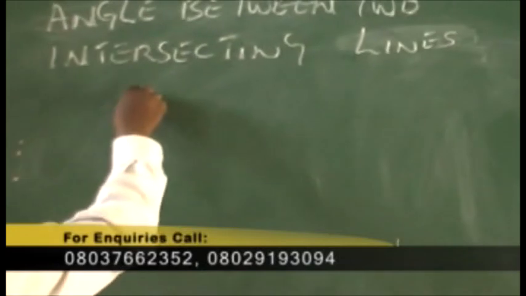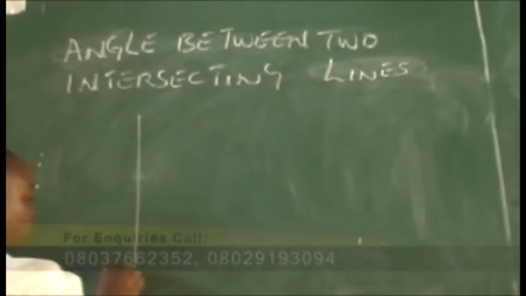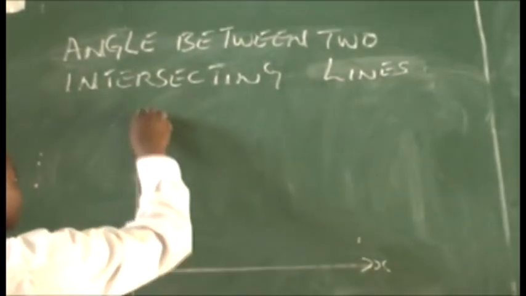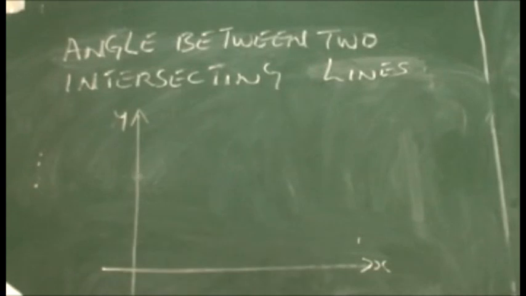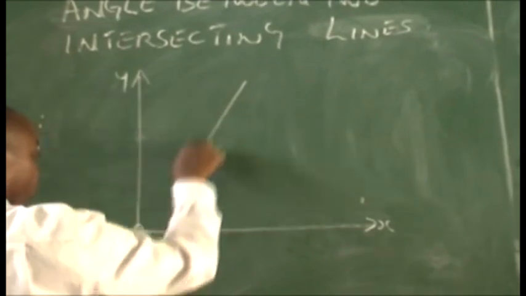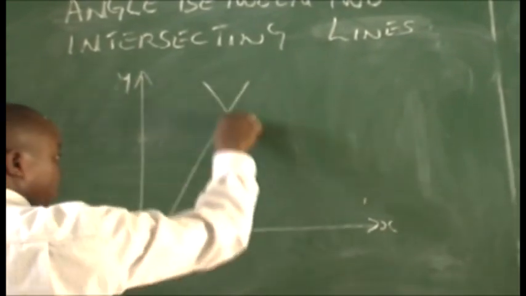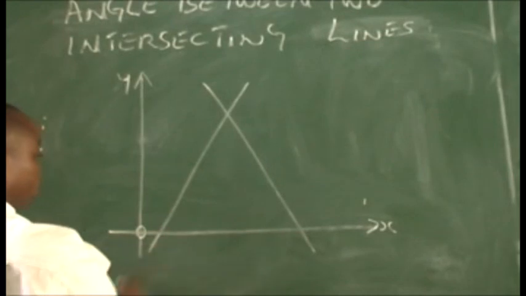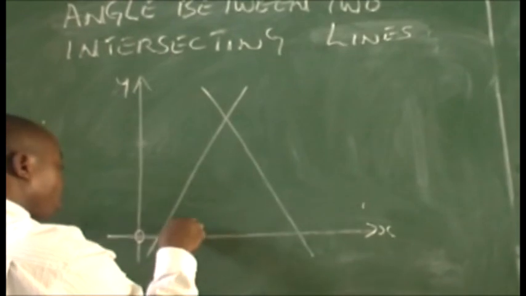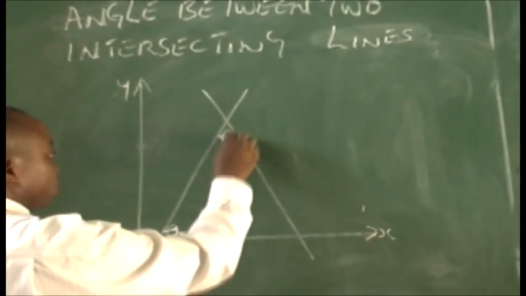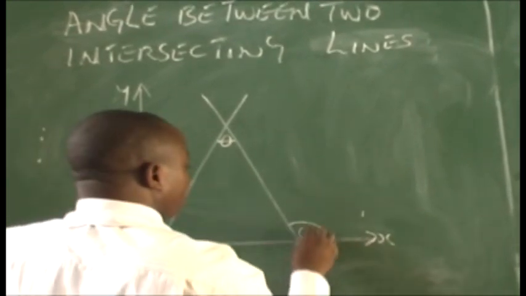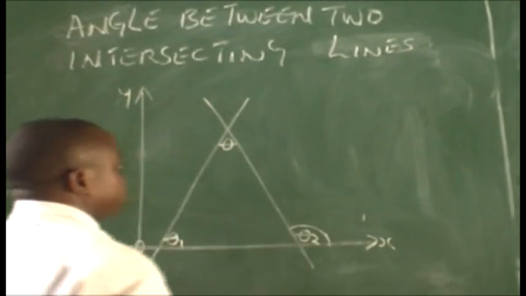Now let's consider two lines intersecting each other at a point on the plane. Suppose we have two lines in this way, and this line makes angle theta 1 here, and then we have another one here, which we call theta 2.